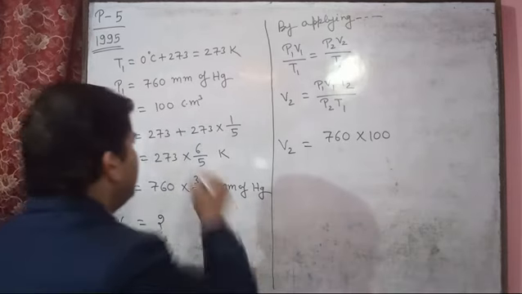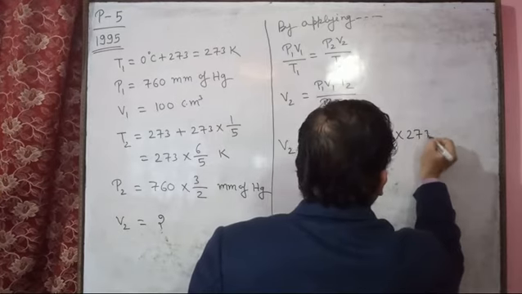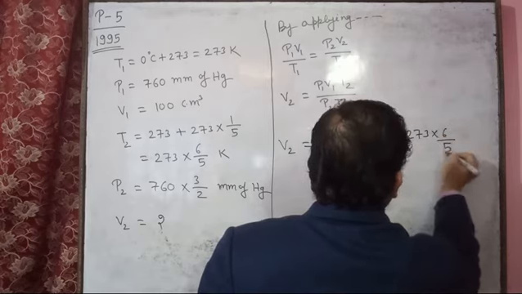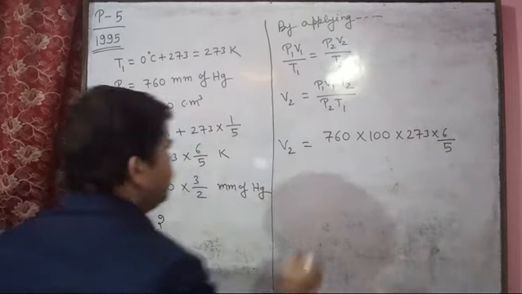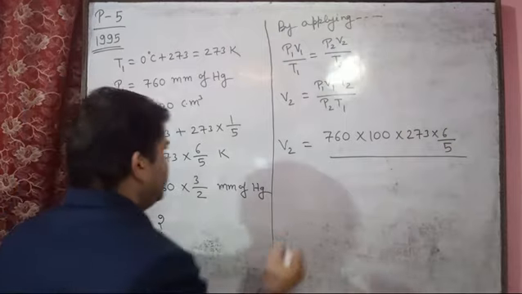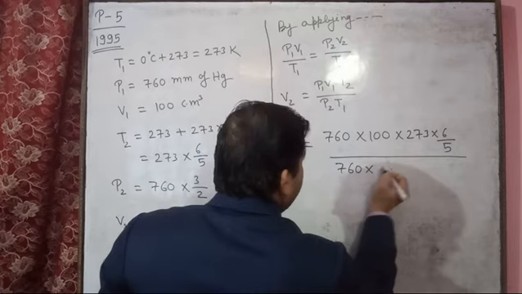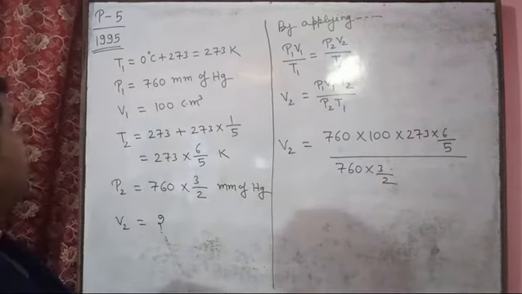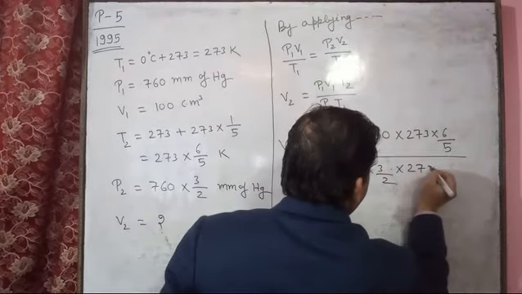T2 is 273 into 6 upon 5. And after this P2 is 760 into 3 by 2. And T1 given here is 273.